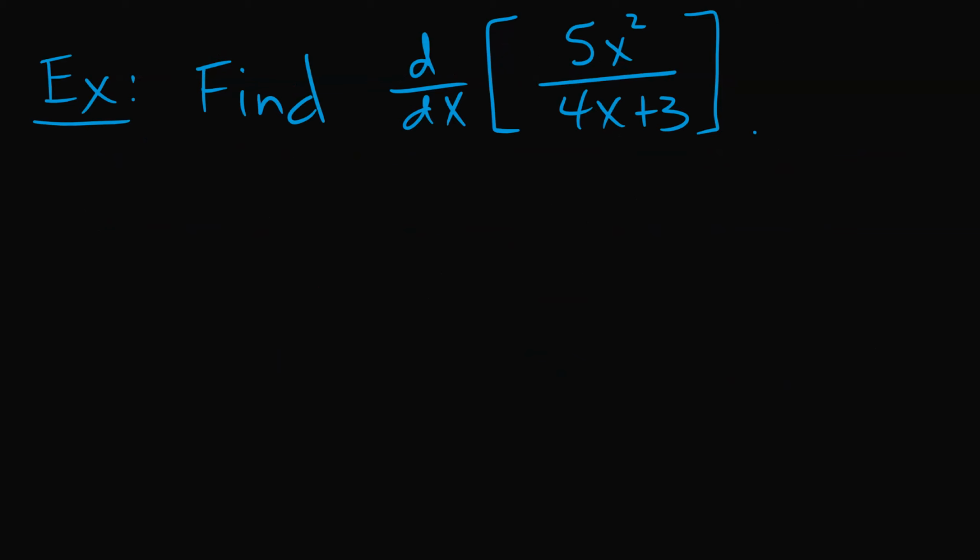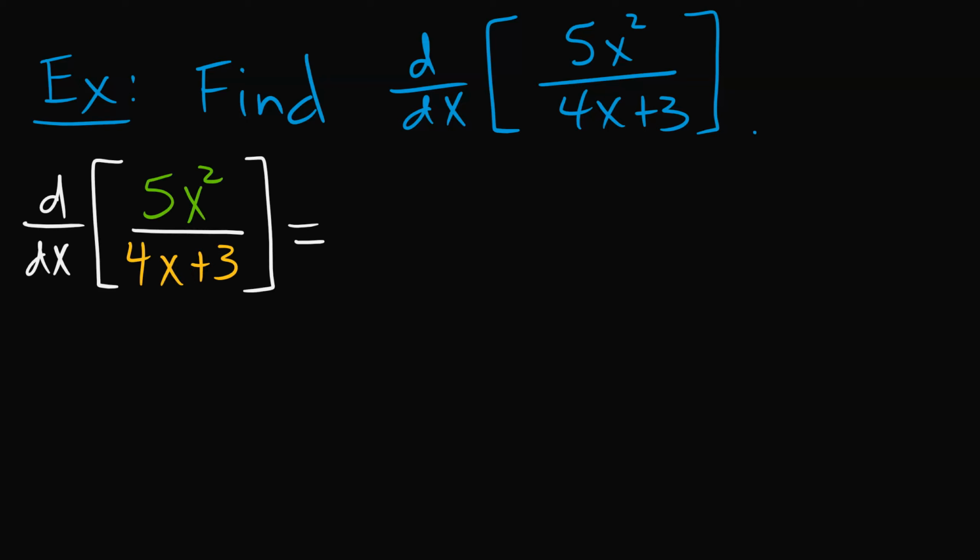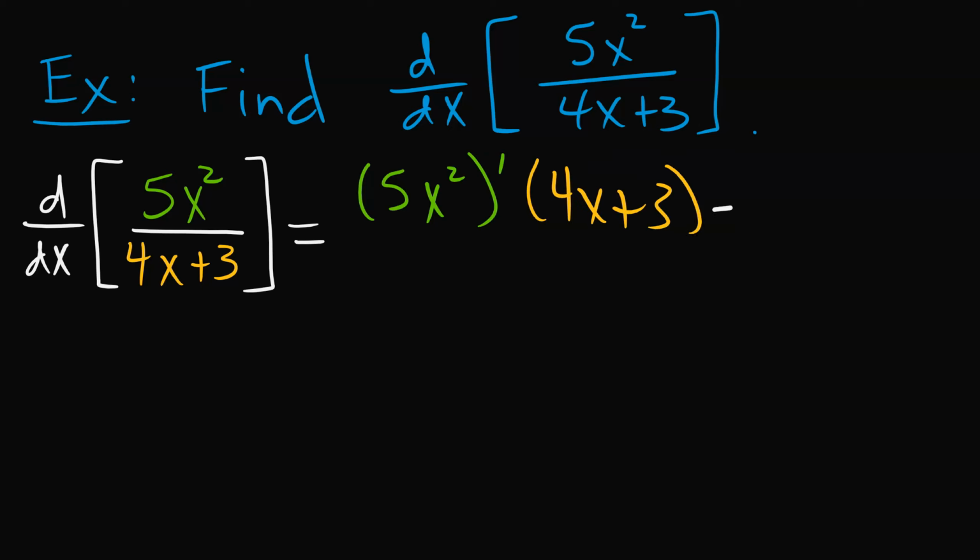Let's find the derivative of the rational function f(x) = x squared over 4x plus 3. As we find this derivative, I'm going to use color just to see if that is helpful. So we're going to find first the derivative of the numerator times the denominator, minus, very important, subtraction, not addition, minus the numerator times the derivative of the denominator.